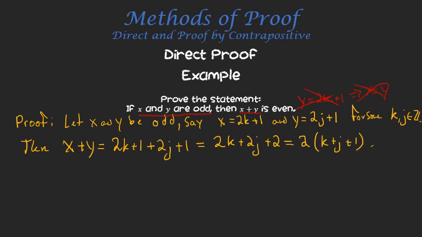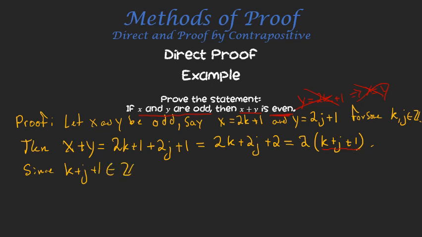So why would I factor a 2 out of this? Well, I want to end up with the statement x plus y is even. And I know that even means it has a factor of 2, that I can factor 2 out of the whole thing. I can write it as 2 times some integer, and look at what we have here. k plus j plus 1 is an integer. So I'll say, lastly, that since k plus j plus 1 is an integer, right?